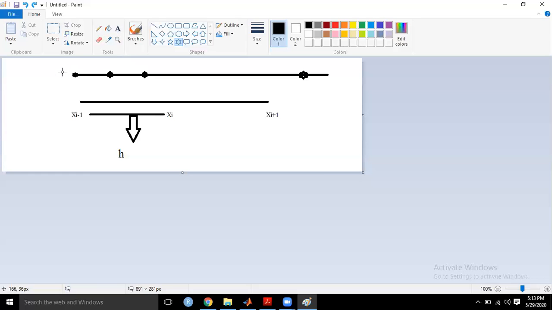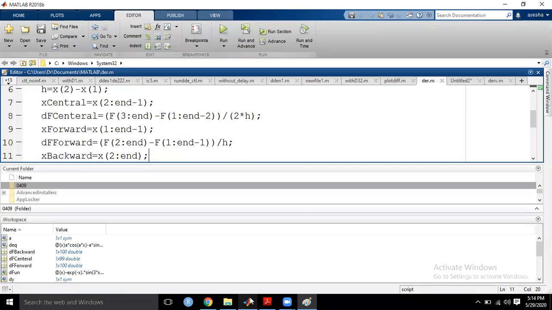Okay, so if I want to find the derivative at x2, I need the information at x1. Similarly, if I want to find the derivative at x10, I need the information at x9. So that is why we will always take care of the input for x using the MATLAB commands. Whenever we use the MATLAB commands, keep in mind that there are some preconditions for the forward differentiation, for the backward, and for the center.